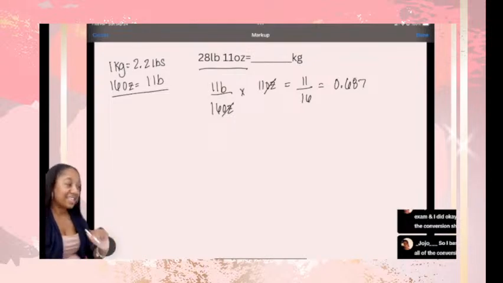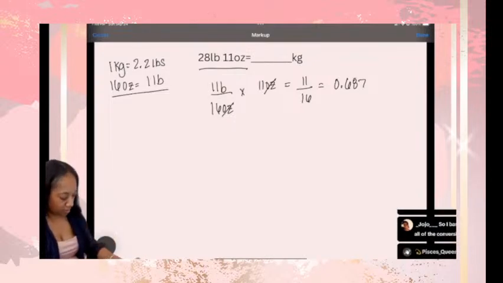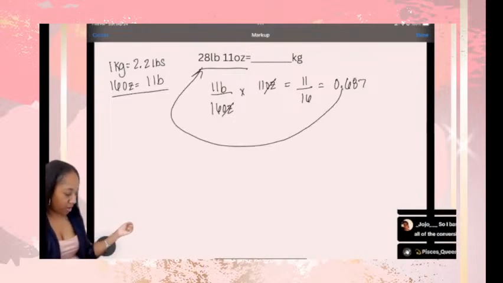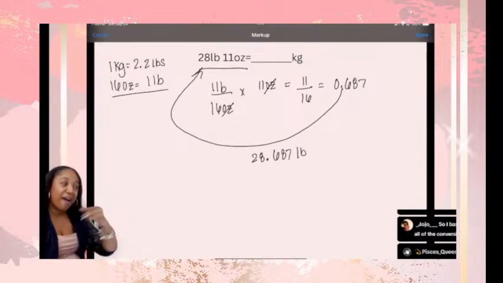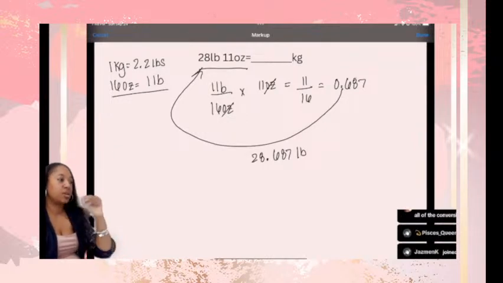So add that 0.687 to right here, so it's going to be 28.687 pounds.